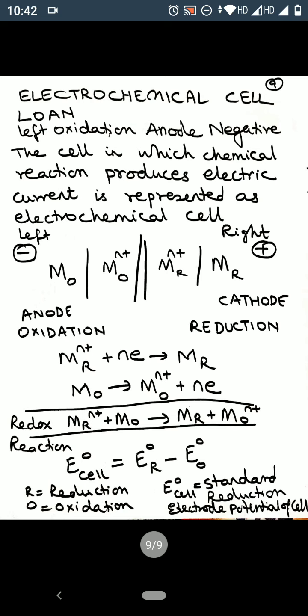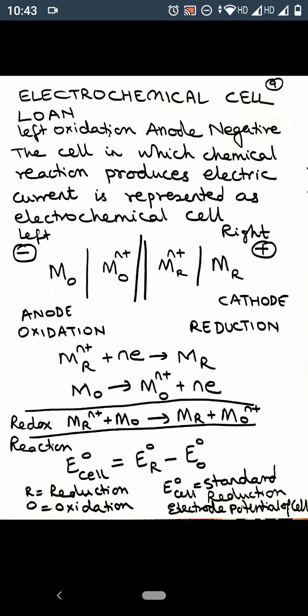An electrochemical cell, please do learn the trick: LOAN, left oxidation anode negative. The cell is one in which a chemical reaction produces electric current, which is represented as metal oxidation, metal with n electrons in the medium, with a salt bridge, metal undergoing reduction.